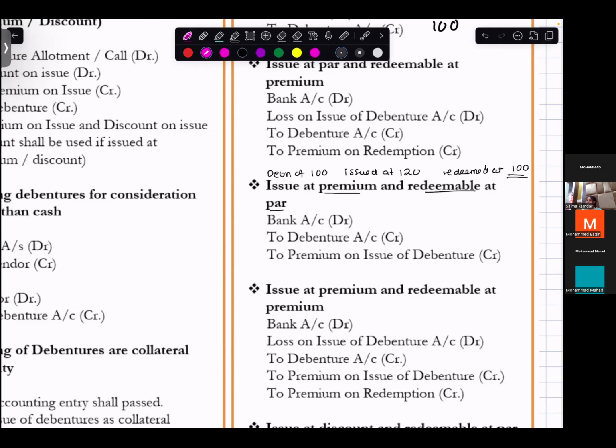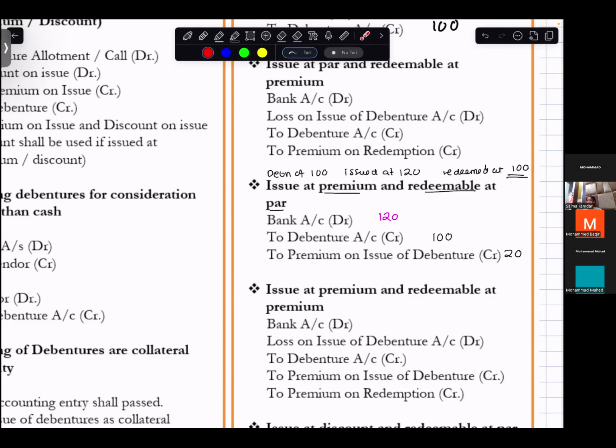How much are you going to receive? 120. Debentures will be credited by 100. The extra money you're receiving, how much? 20. What is it called? Premium on issue of debentures.